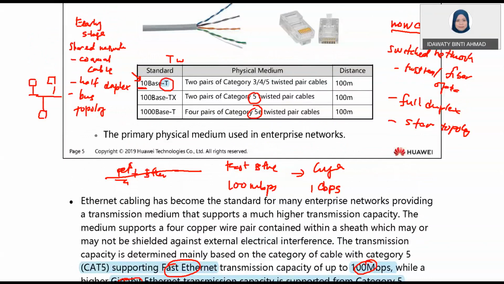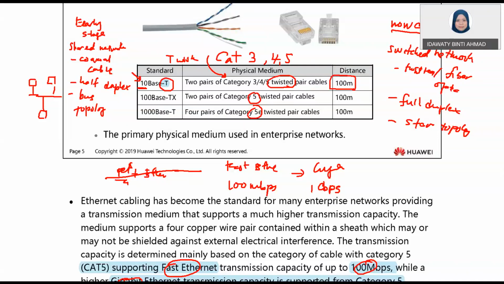If you use this type of cable, the category, you can normally see Cat 3, Cat 4, Cat 5. Cat here means category of twisted pair cables. The maximum length of this cable is 100 meters.